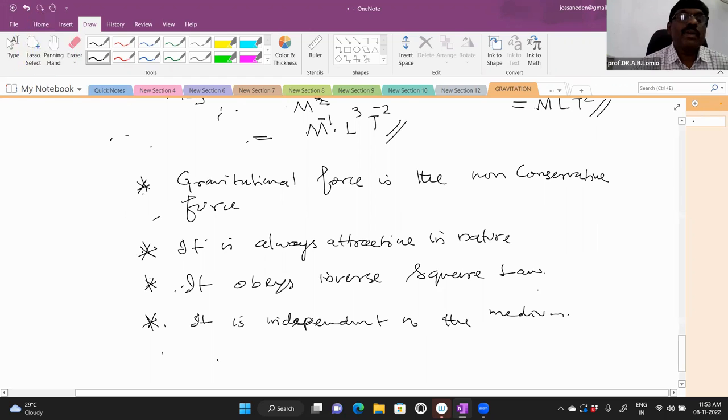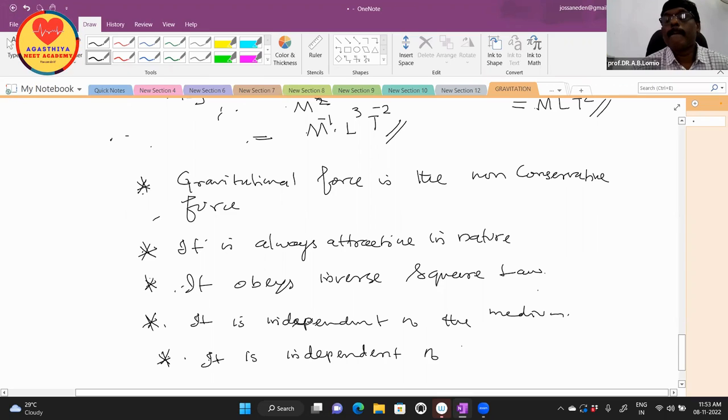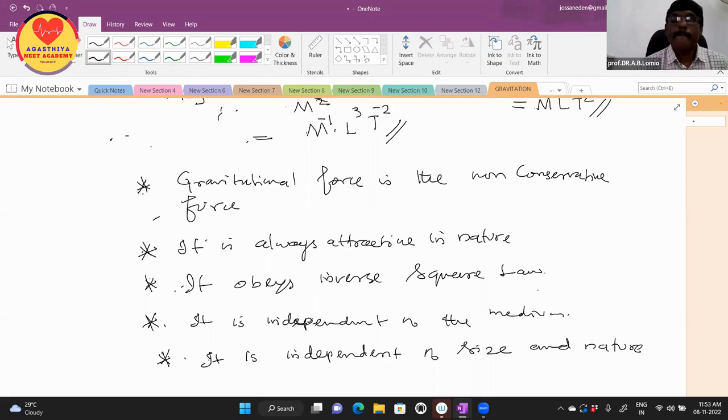It is also independent of the size and nature.